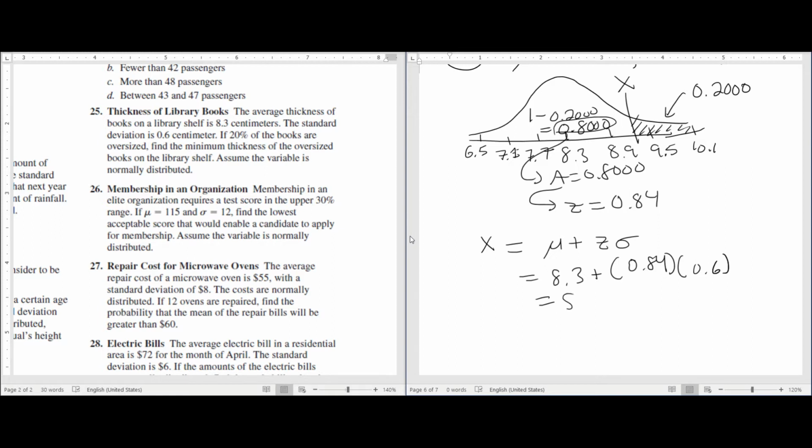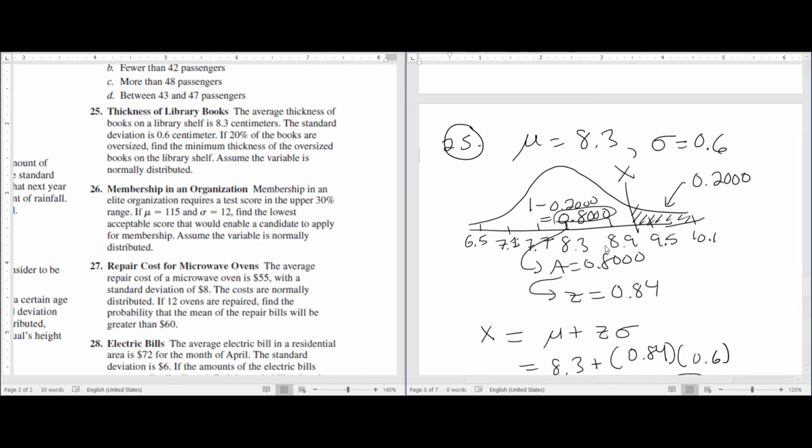So this gives us 8.804, so about 8.8. That means the books are about 8.8 centimeters thick.